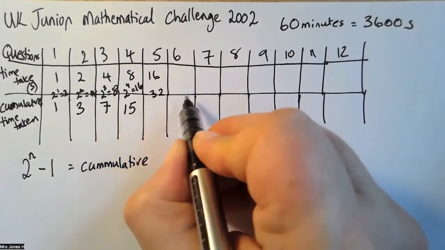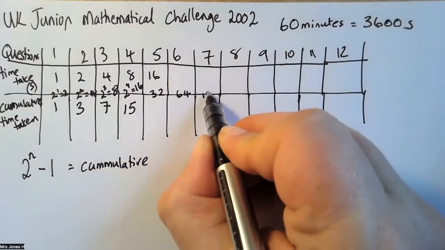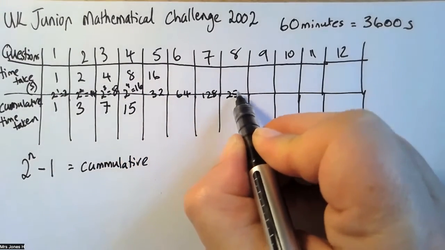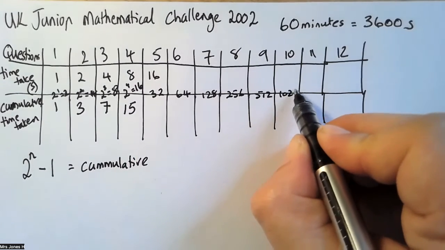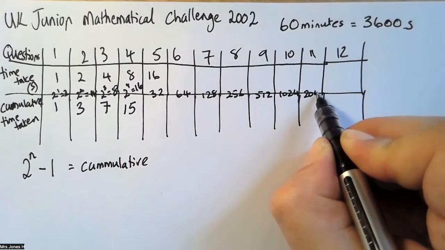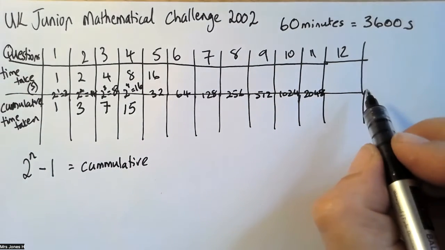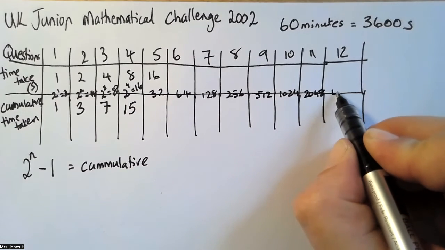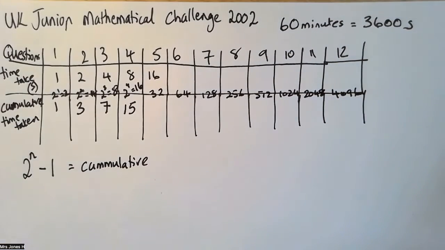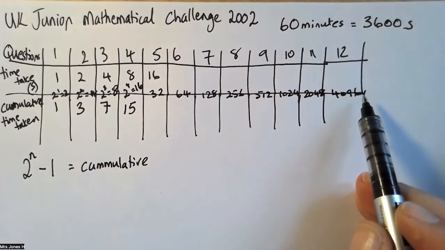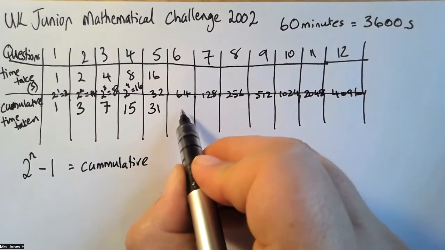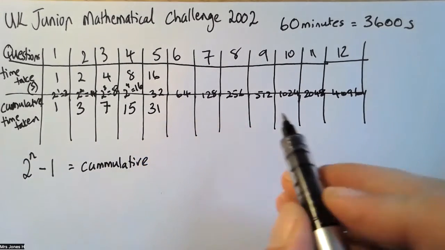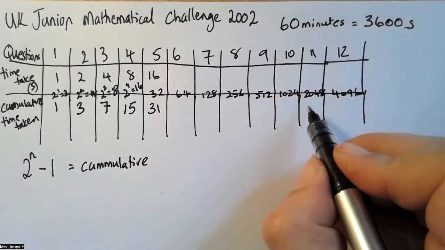So I was looking at 32, 64, 128, 256, 512, 1024, 2048, and then 4096. So those are all my powers going up by 2. And I subtract 1, which actually I can go all the way up to here, and then I can subtract here.